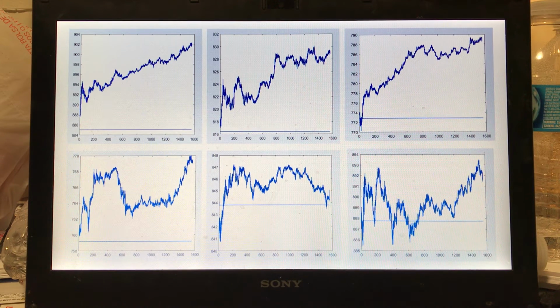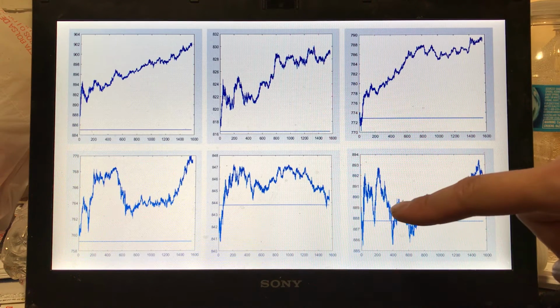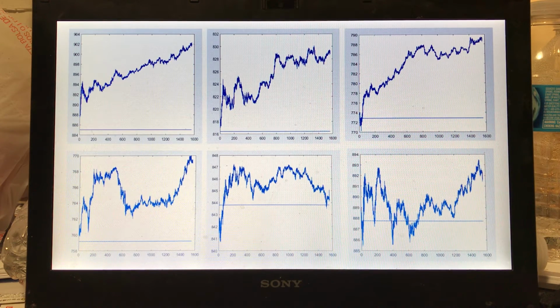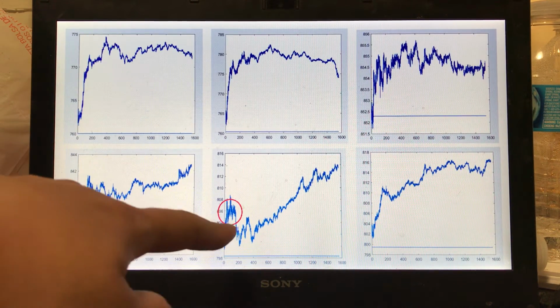In some of these cases, the stock price can be very volatile, but you can see that the stock prices haven't dropped much lower than the opening price. So you are definitely not selling your asset if you experience this kind of dip, or this kind of dip.